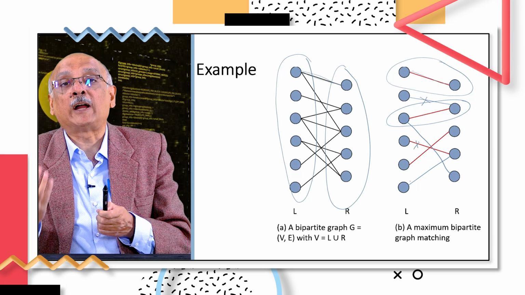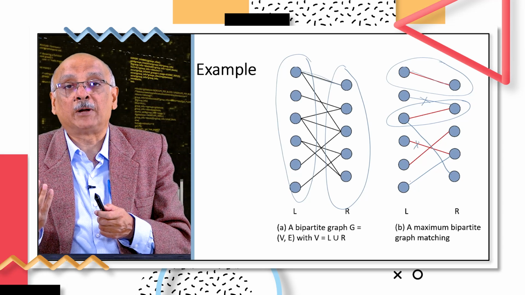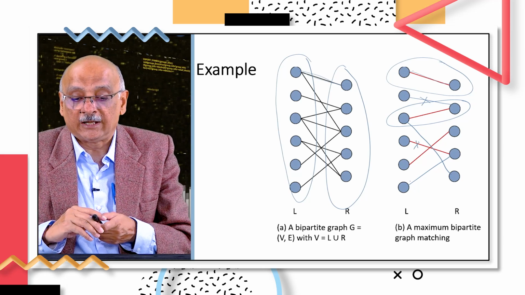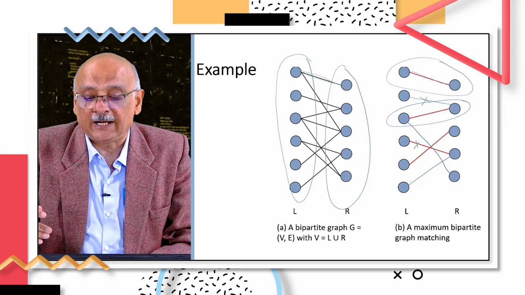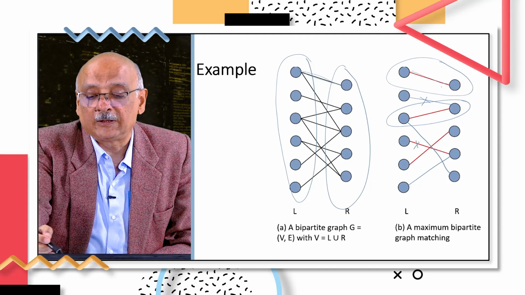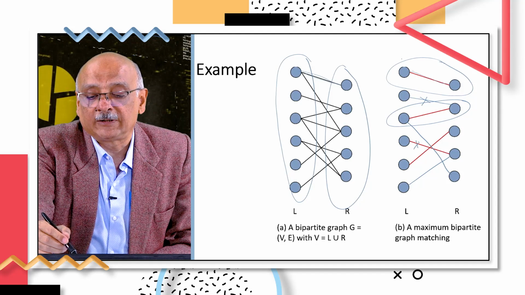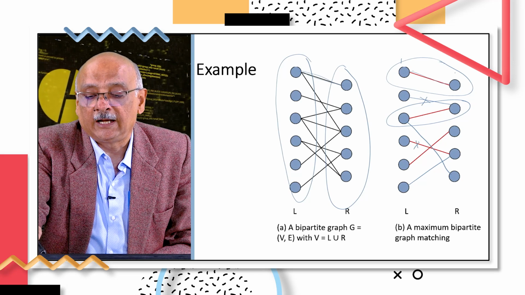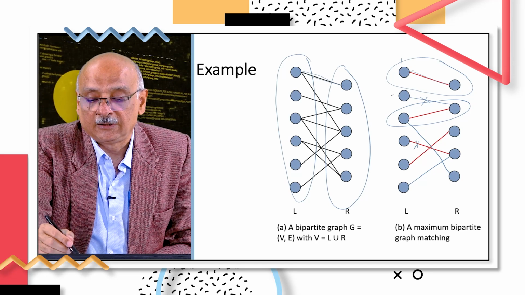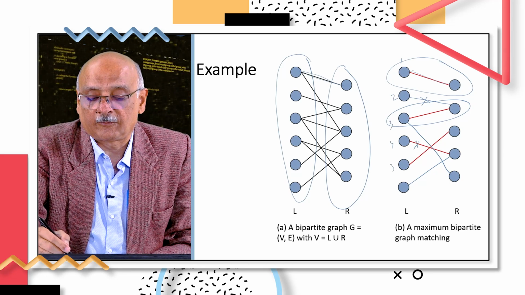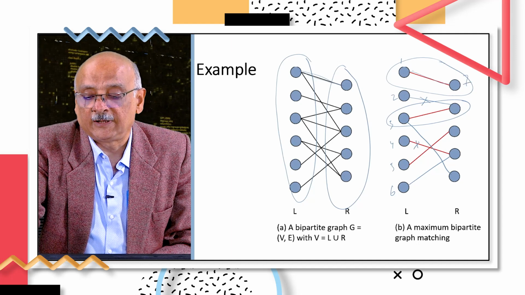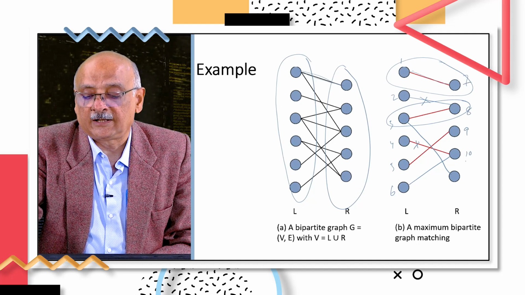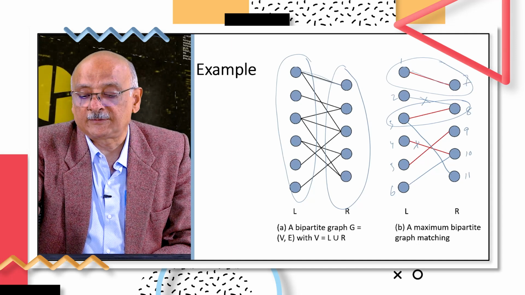Now, how do we find this particular bipartite matching? Once again, if we have a look, we have a matching between, let's say, if I call the nodes 1, 2, 3, 4, 5 and 6, 7, 8, 9, 10 and 11. So, what is matching?